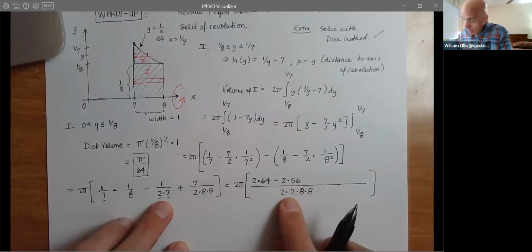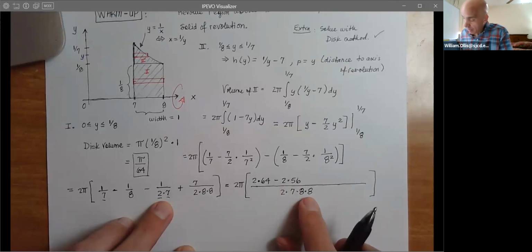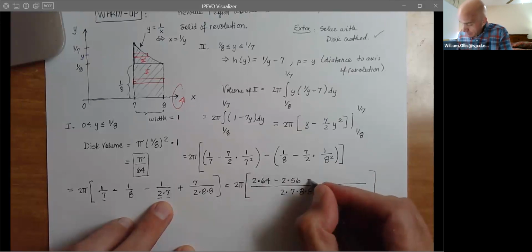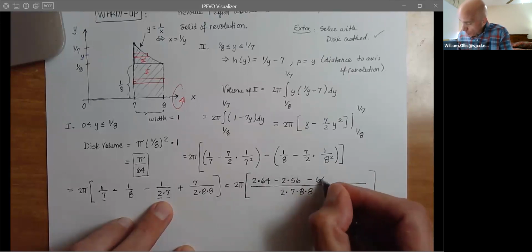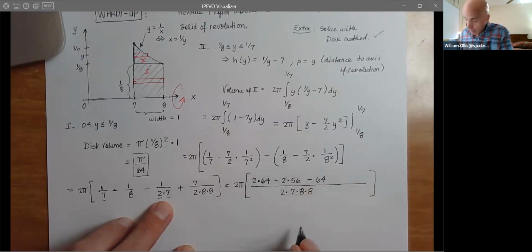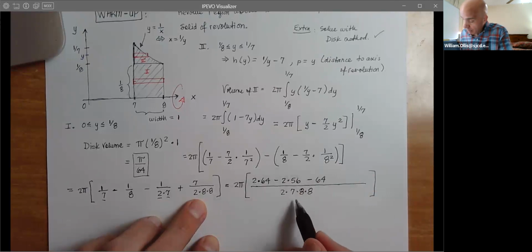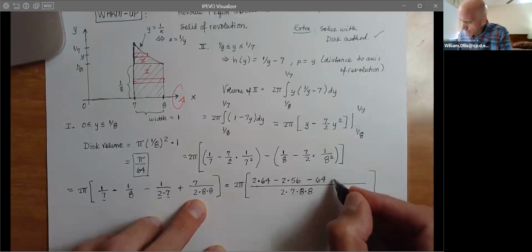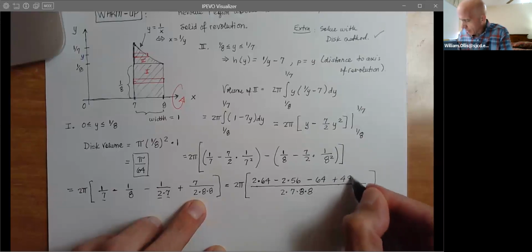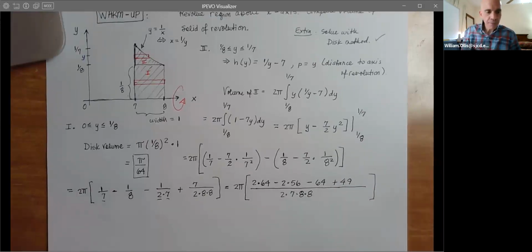And then we compare here, the 14 we have, but we need the 8 times 8. So that's a 64. And then what do we have here? We've got the 2, 8, 8, but we don't have the, oh, we don't have the 7. So that'll be plus a 49. That's kind of odd. I didn't expect that. Okay, that looks good.